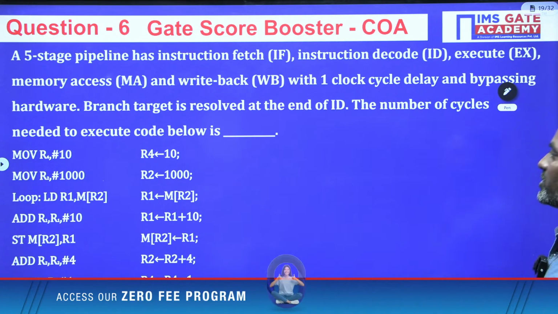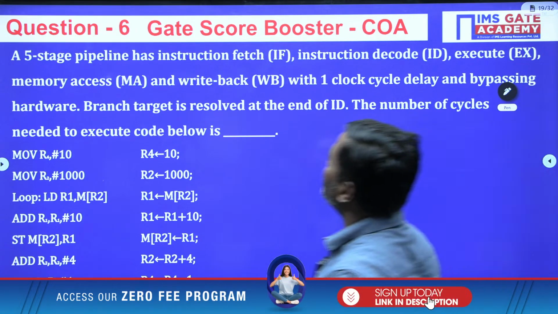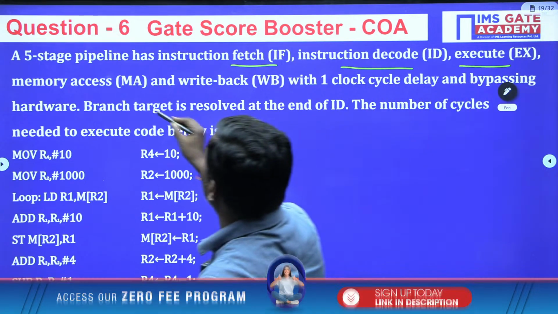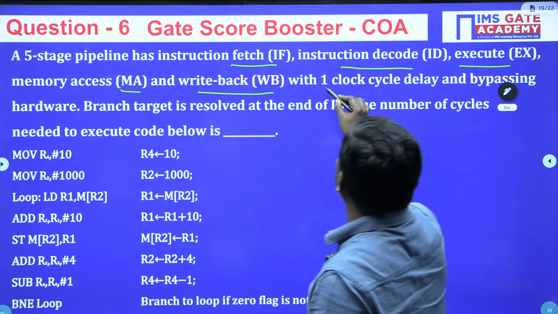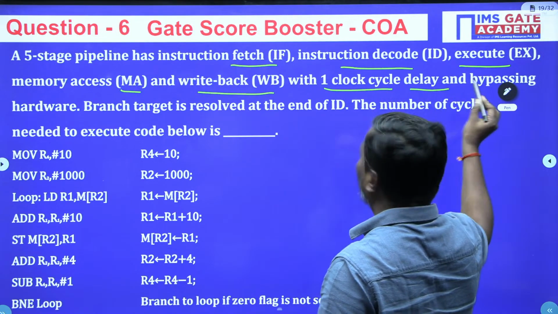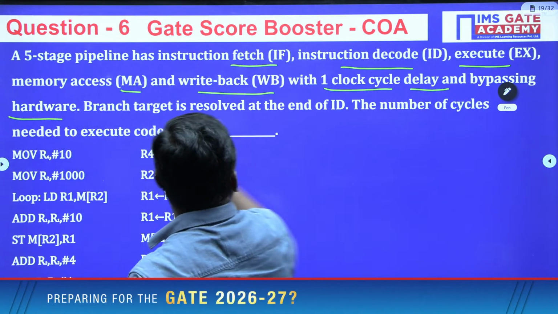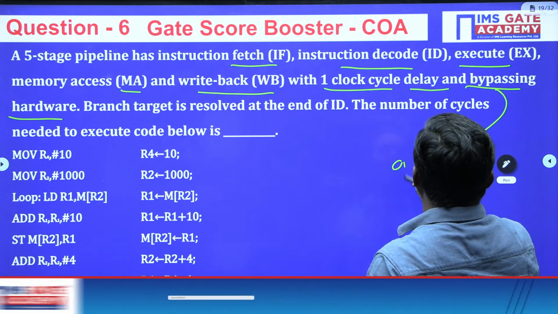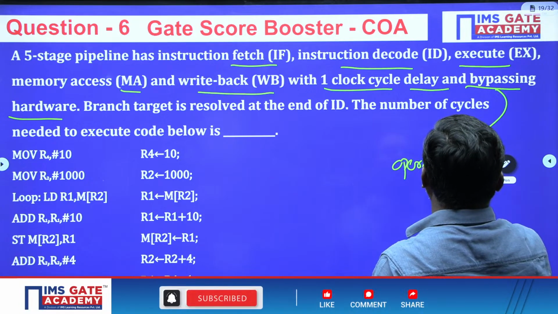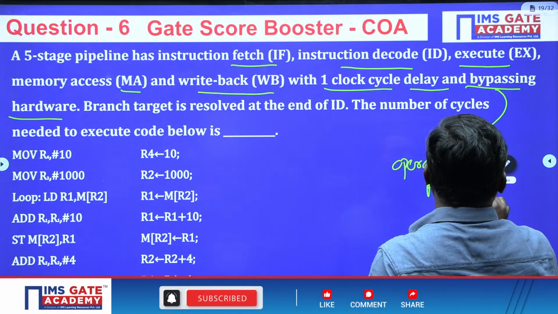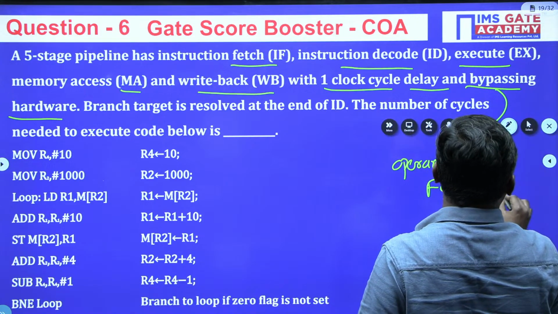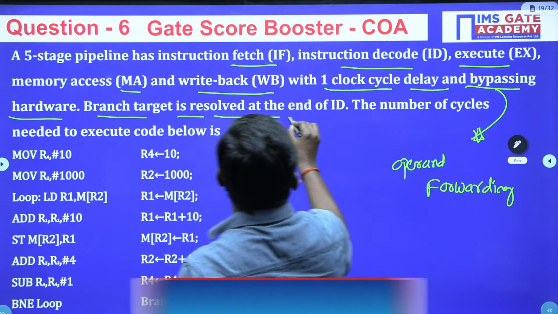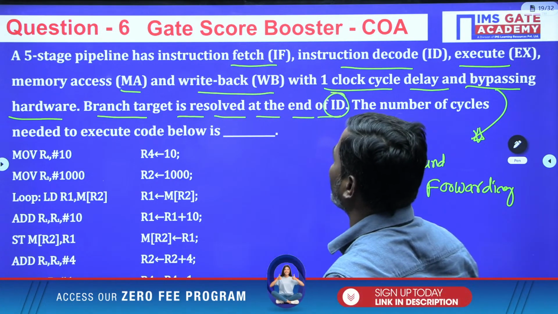Another interesting question, try it out. A 5-stage pipeline has instruction fetch, instruction decode, execution, memory access and write back, each taking one clock cycle delay. Bypassing hardware is used, which is nothing but an operand forwarding mechanism. The branch target is resolved at the end of the instruction decode stage only.